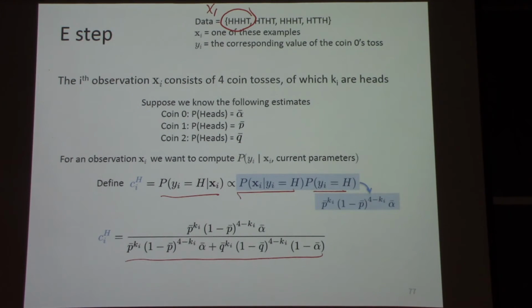There are certain models where even the E-step cannot be done on paper, but let's not worry about that for now. So the E-step is simply asking what's the probability that the output takes a certain value, in this case that y is heads for a particular example, if the current parameters theta are known and fixed.